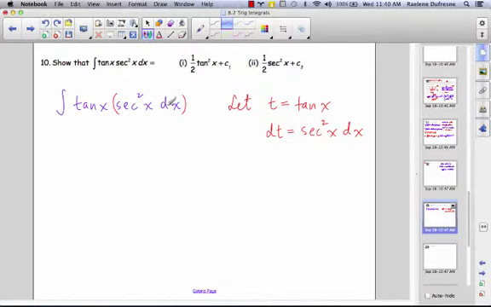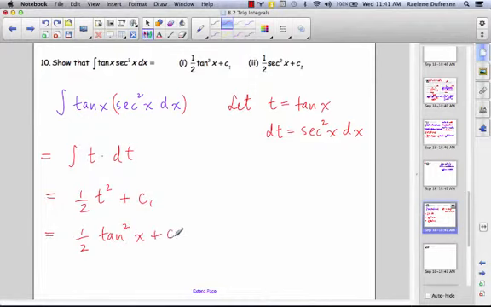There was no manipulation of the trig identities and the exponents required because these were already in basic function and derivative form. So we get the integral of t dt is 1/2 t squared plus a constant. And so we can see, substituting with tangent of x, we get 1/2 tan squared x plus, let's call that constant c1. Now this is the first approach.